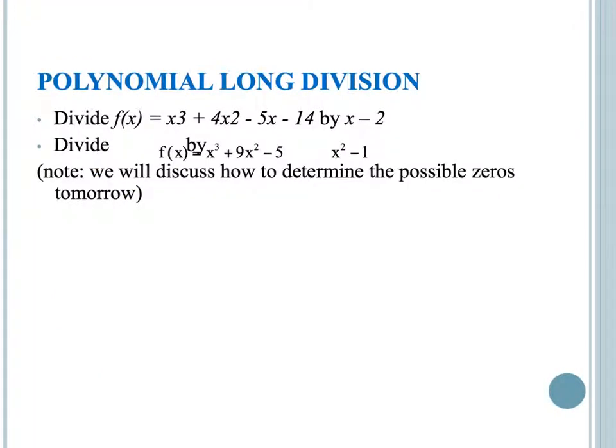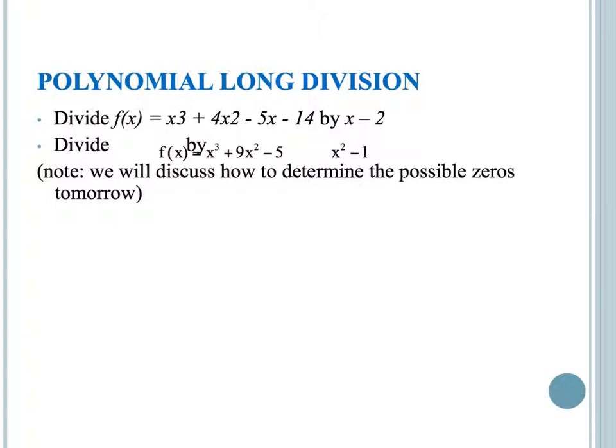So let's give our long division a try. On your paper, it's easier to see what our original polynomial is. It would be x to the third plus 4x squared minus 5x minus 14. And we want to try using long division with x minus 2.